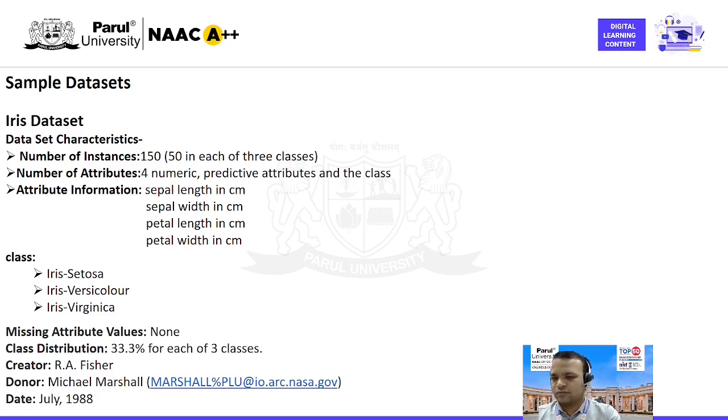What is actually a data set? We already discussed the data. Whenever we want to develop any machine learning model, or a project based on machine learning, deep learning and AI, firstly we require some data. For example, if you want to develop a heart disease prediction model, you must have some data.